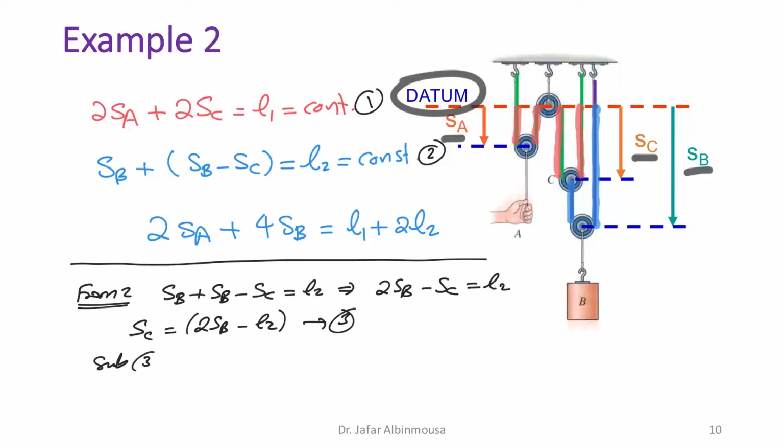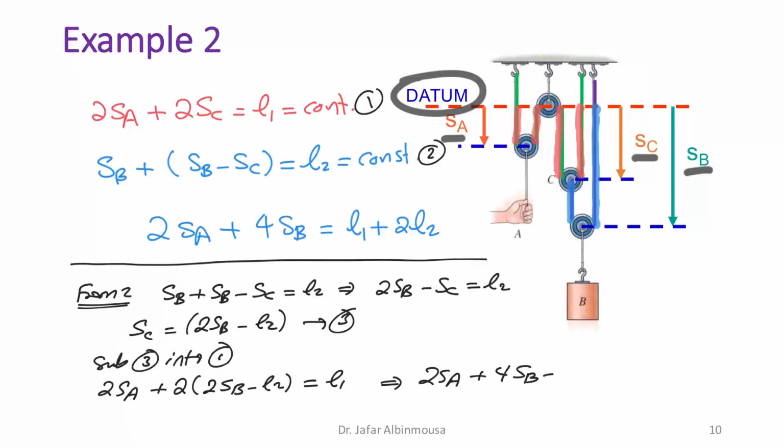Substitute 3 into 1, and you get 2SA plus 2 multiplied by (2SB minus L2) equals L1. So you get 2SA plus 4SB minus 2L2 equals L1, which means 2SA plus 4SB equals L1 plus 2L2, which is basically the same as this equation.